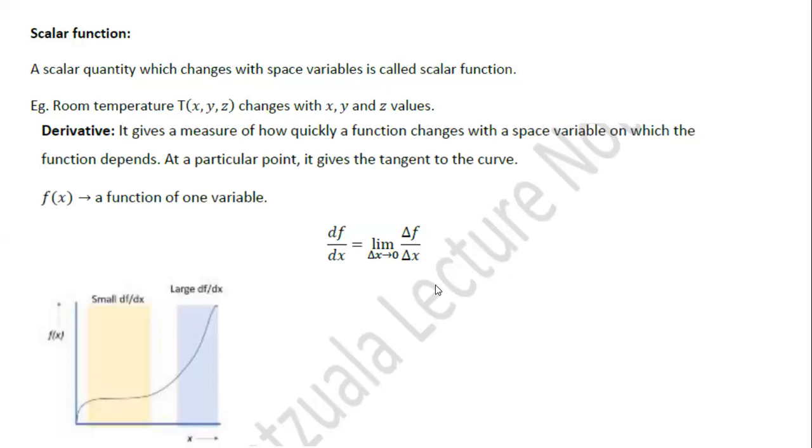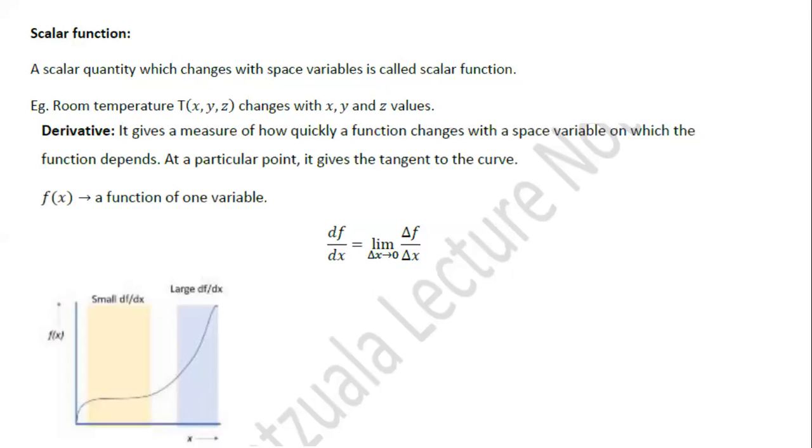So today we will continue our discussion on vector analysis, and we will talk about scalar function and the vector function and del operators, gradient, divergence, and curl. So I think everybody knows what a scalar function is.